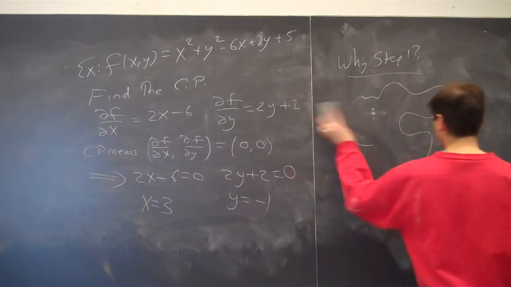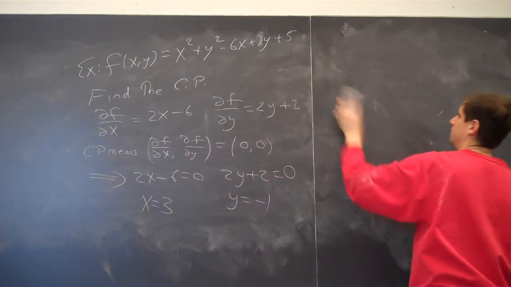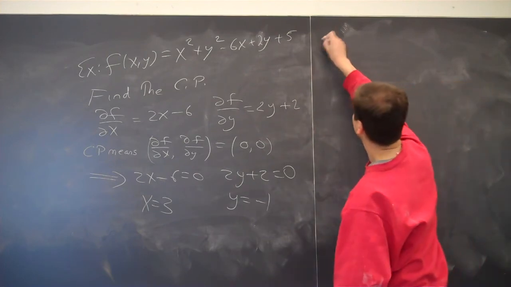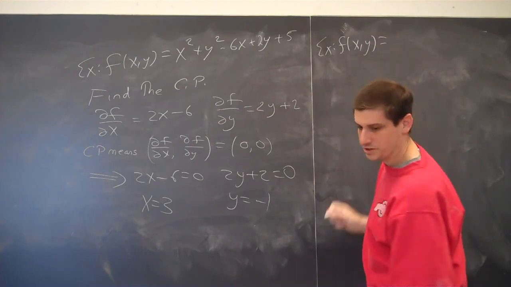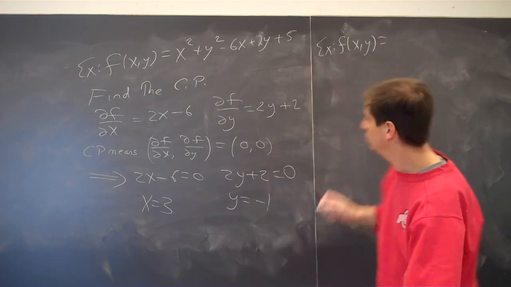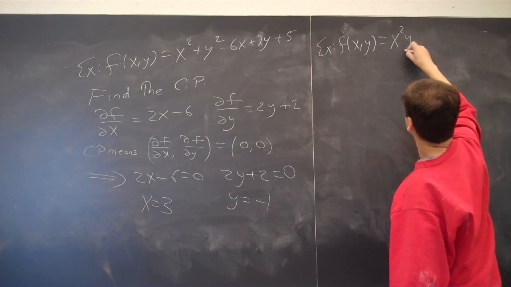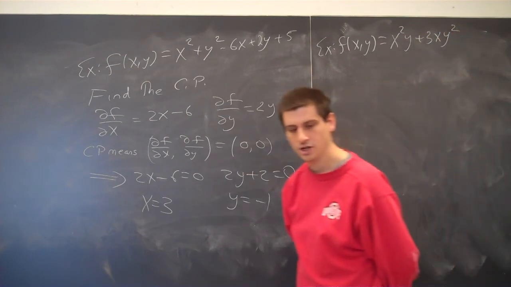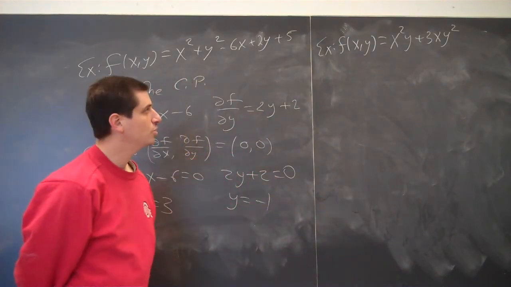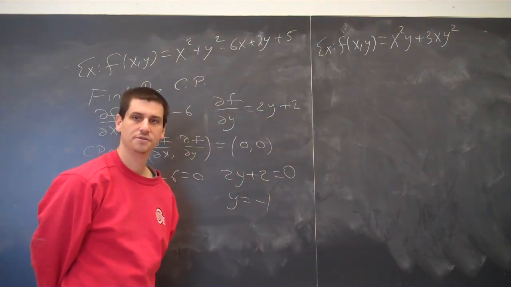Right. Let's do an example now where the algebra is a little bit meatier. So example, f of xy is going to be, I think it's x squared y plus 3xy squared. Alright. So I want to find the critical points. What's step 1?